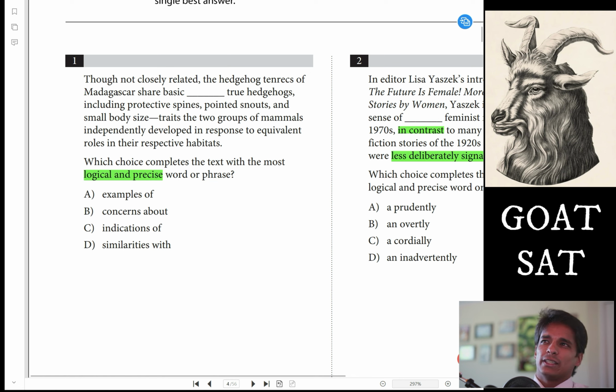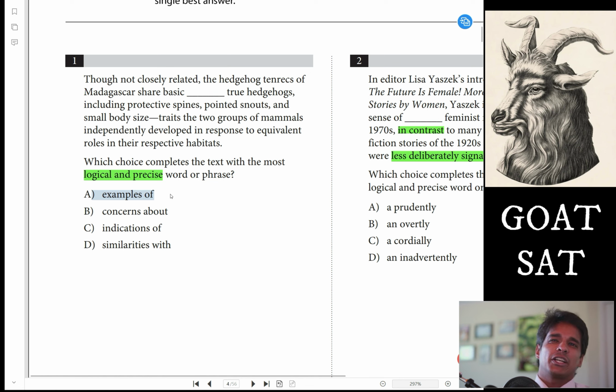Let's real quick read this. Just in a vacuum, the hedgehog, tenrex, some animal, it doesn't matter which one, some animal of Madagascar, animals, by the way, this is plural, share basic examples of true hedgehogs. So when you think about what this one inserted here would actually mean, it would mean that these animals here are sharing examples.